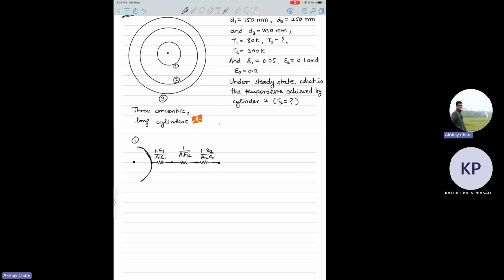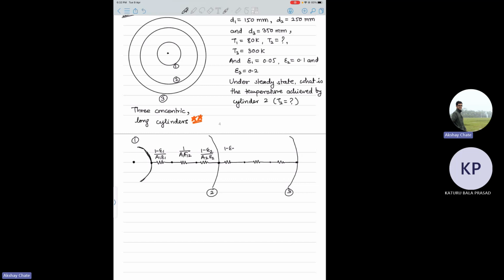So this will be the boundary of your second cylinder, right? And then between 2 to 3 there will again be three resistances. I hope this is clear what I am drawing here. Then this will be the boundary of cylinder 3.